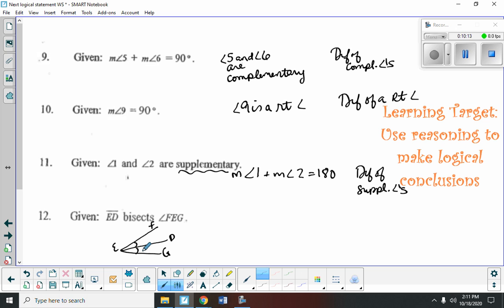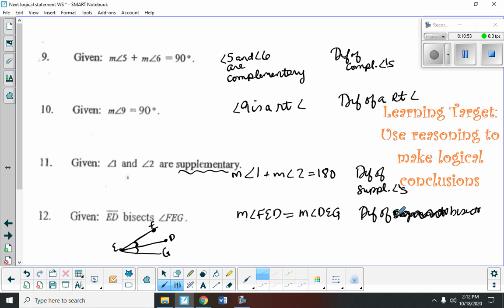So if it says that ED bisects an angle, my next logical statement would be to say that the measure of angle FED, from F to E to D, that's this one, is equal to the measure of angle DEG. And that would be the definition of a segment bisector. Oh, did I say that again? I keep looking at the wrong line.